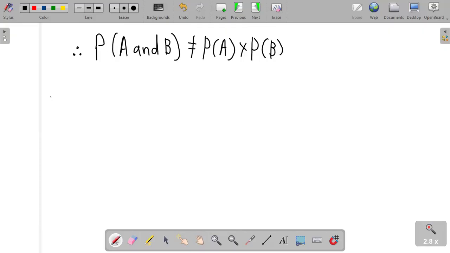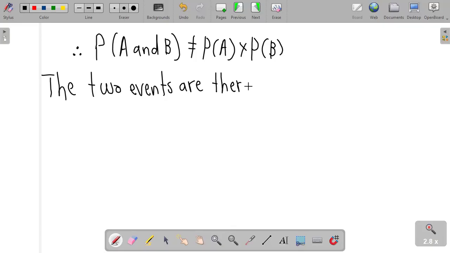So therefore, the two events are therefore not independent.